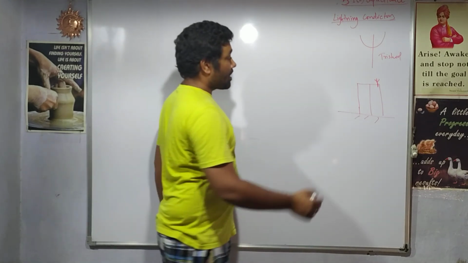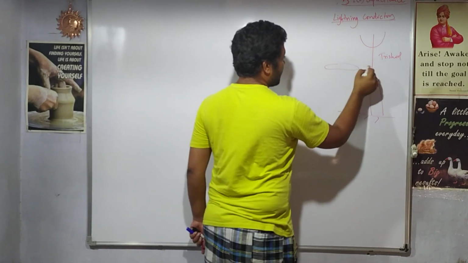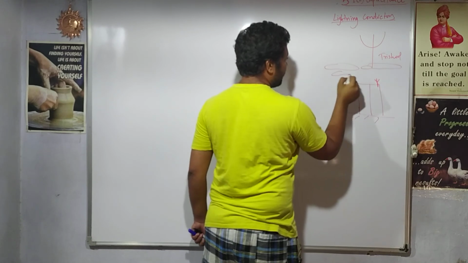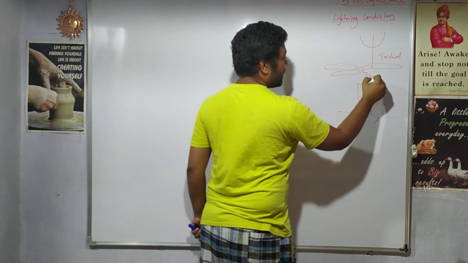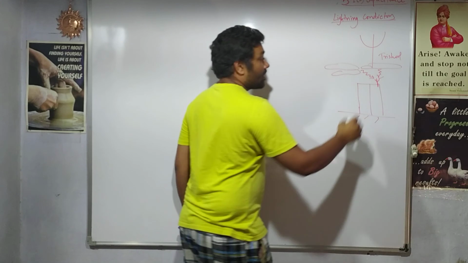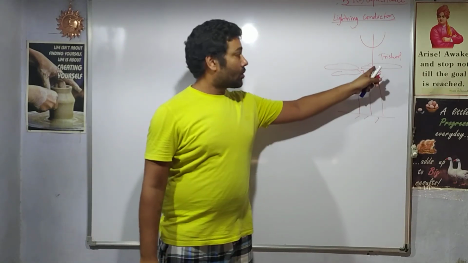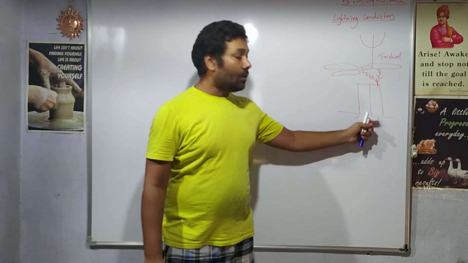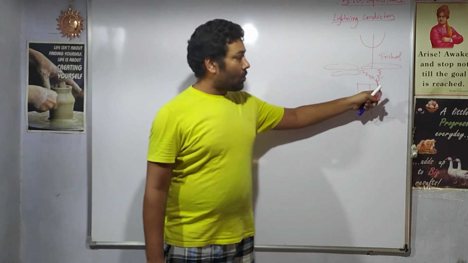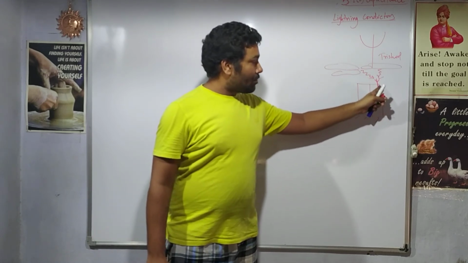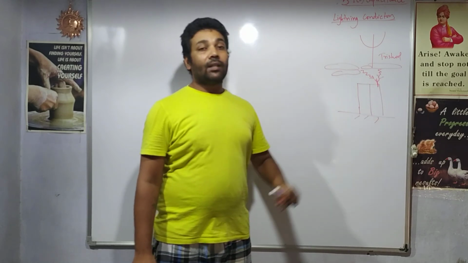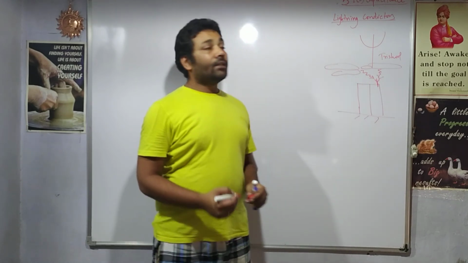Why are these conductors placed? These conductors are placed so that in the case of lightning during the rainy season, lightning being nothing but a stream of electrons, these electrons always find the shortest path to flow to the earth. So these sharp points will provide a shortest path for electricity to flow to the ground and the building will be saved.